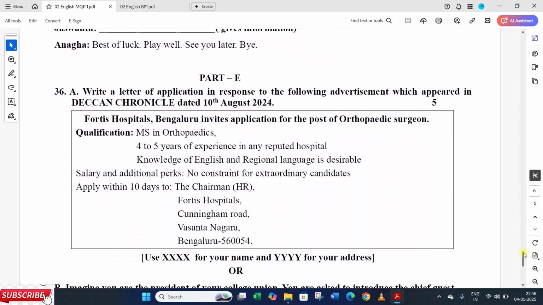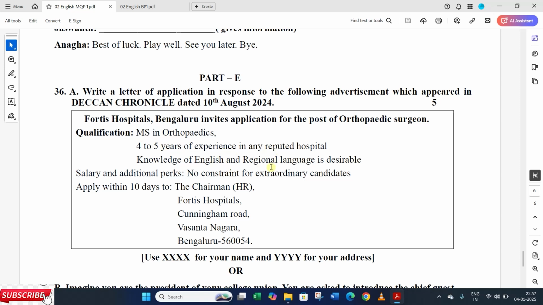Then let us see Part E of the question paper. Part E is all about letter writing and speech writing. Question number 36 A: Write a letter of application in response to the following advertisement which appeared in Deccan Chronicle dated 10th of August 2024. Here you will find in the square the advertisement. Fortis Hospitals, Bengaluru invites applications for the post of orthopedic surgeon. Qualification: MS in orthopedics, 4 to 5 years experience in any reputed hospital.